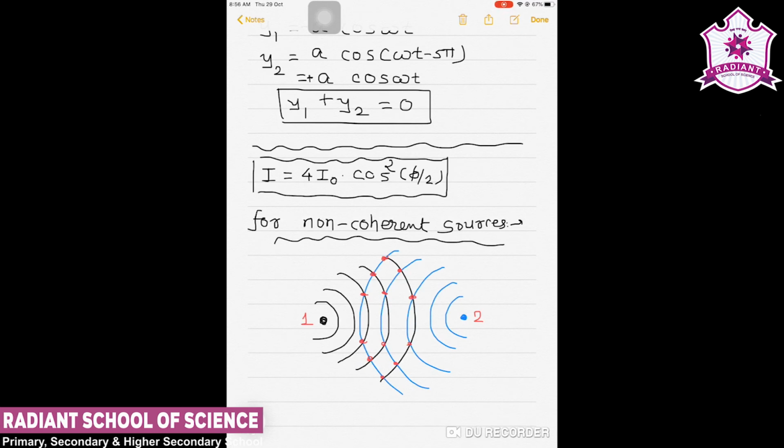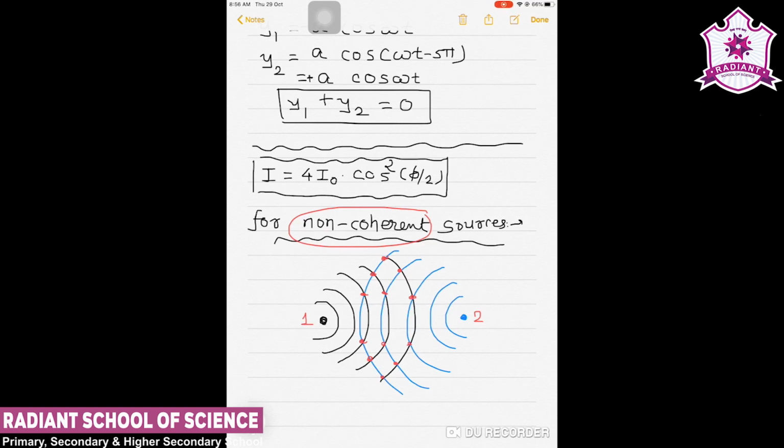If we consider non-coherent sources, then this pattern will not remain stable and the maxima and minima will change. The interference pattern will change very rapidly with time and phase in actual.